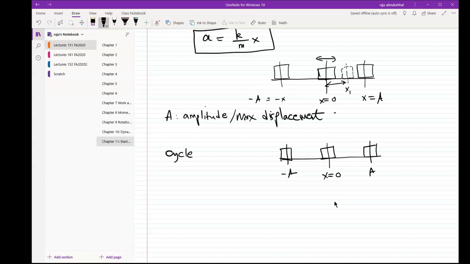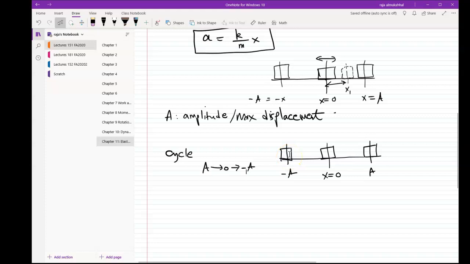It goes from A to 0 to minus A. Do you see that? Let's assume that we run the film starting where the mass is here. So what's going to happen to it? It's going to return back, pass through the equilibrium position, and go all the way to minus A. And then it's going to stop, right? Because this is the maximum displacement.